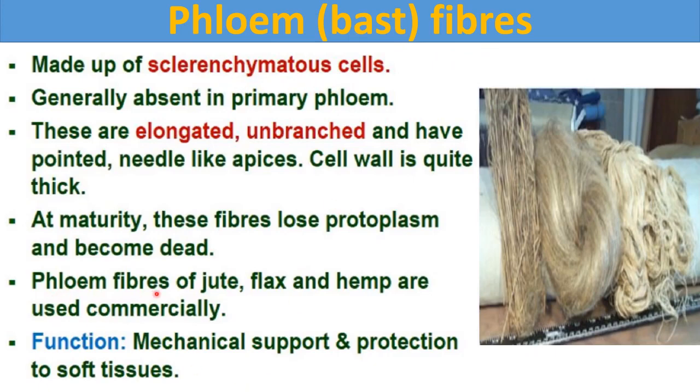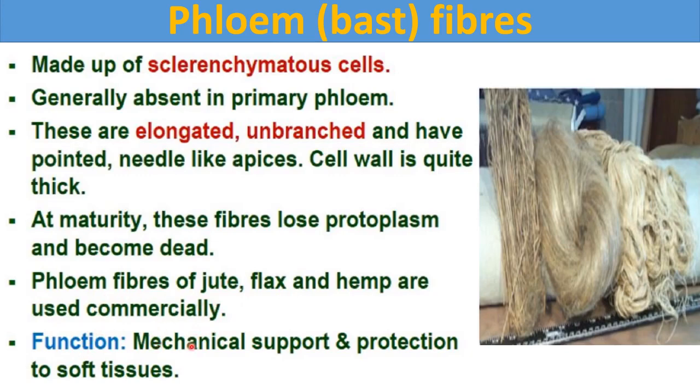Now phloem fibers of jute, flax and hemp are used commercially. As you can see here, these ropes, this type of fibers used for making ropes, are bast fibers or phloem fibers. So phloem fibers of all these are used commercially. What is the function of phloem fibers?